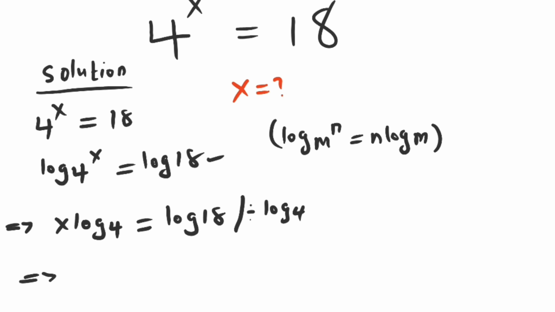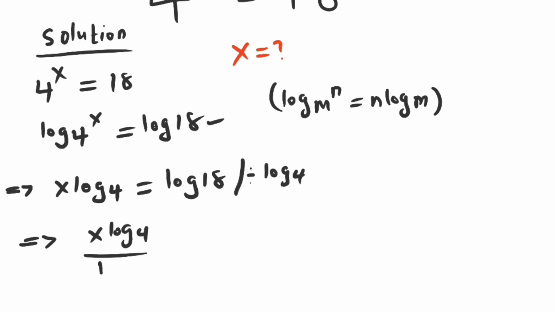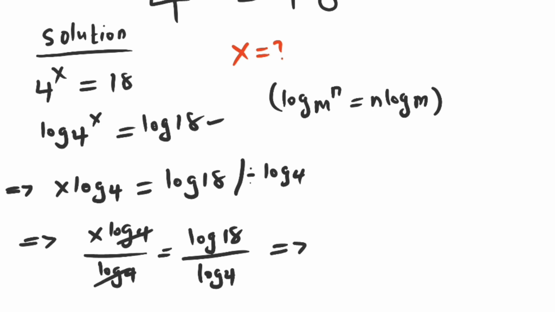Then we have x log 4 divided by log 4 is equal to log 18 divided by log 4. This log 4 cancels this log 4. Then this is the same thing as x is equal to log 18 divided by log 4.